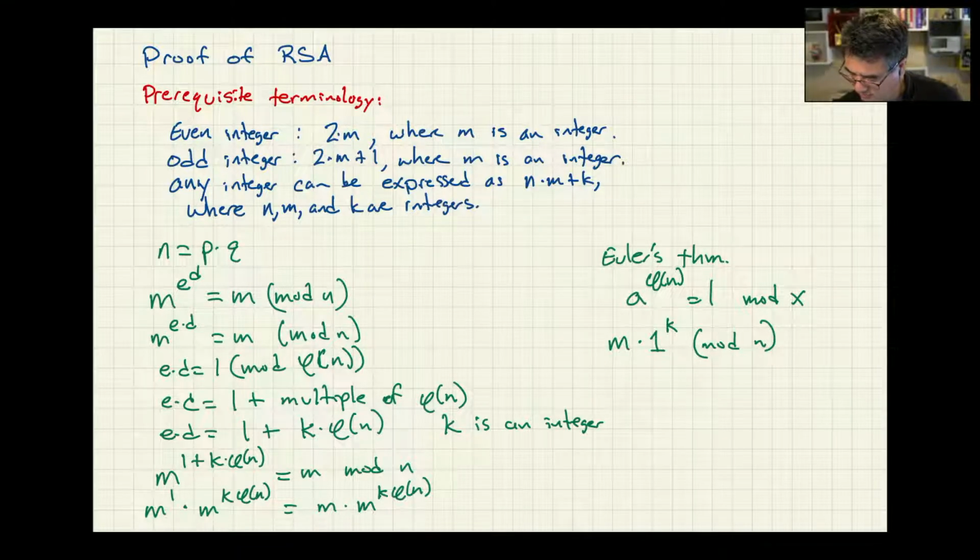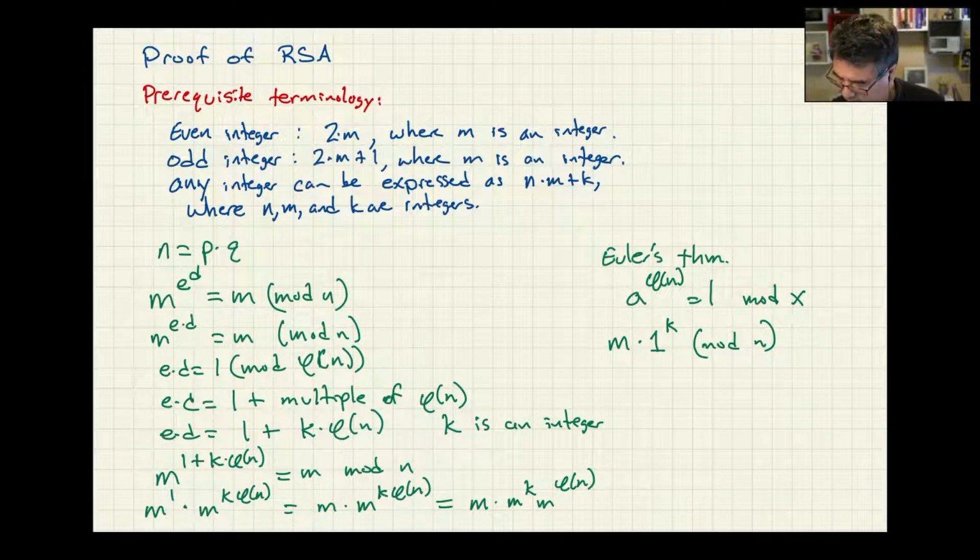Okay, so what did I do there? Here's this m right here. I'm leaving that the same. This can be broken up into m times m to the k power times m to the totient of n power. And so right here, I'm swapping that in for here. Okay?